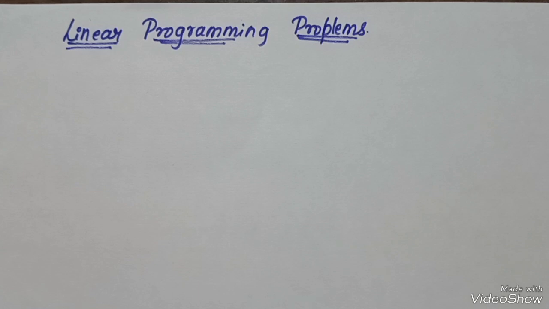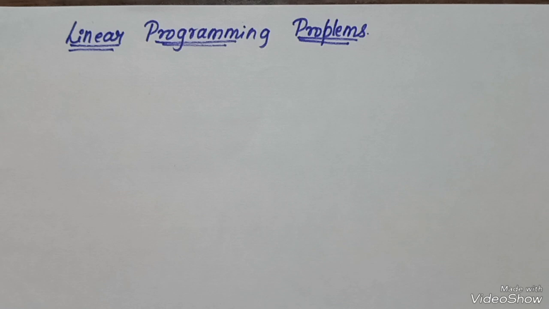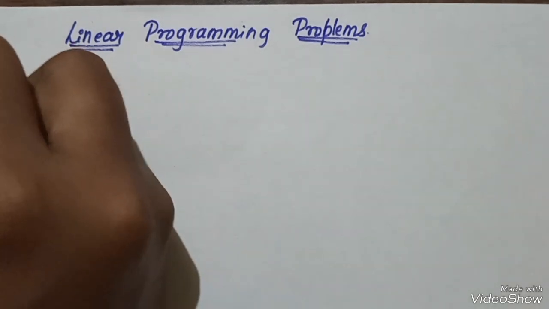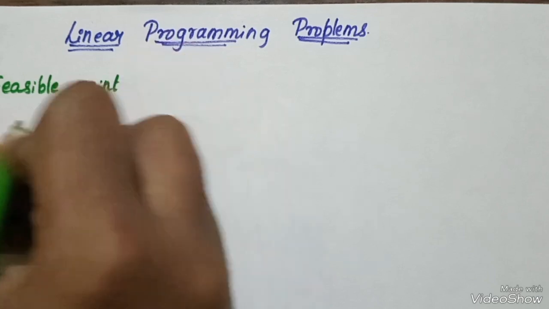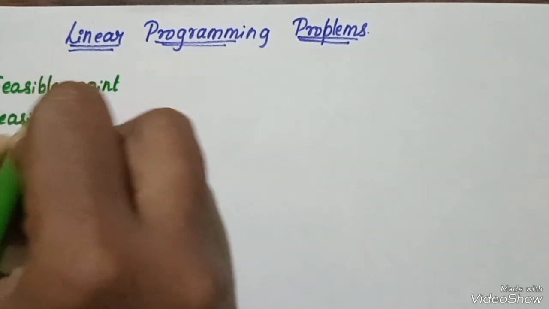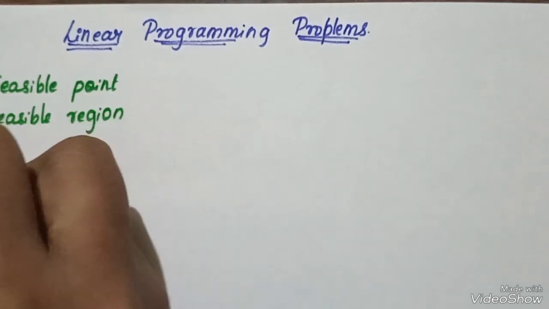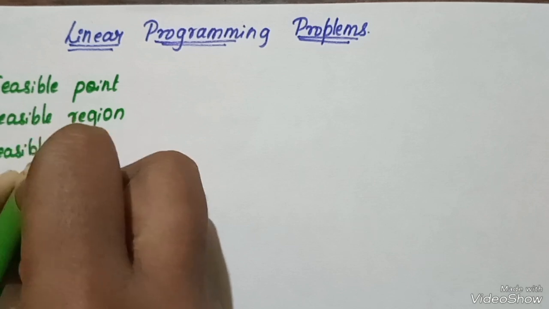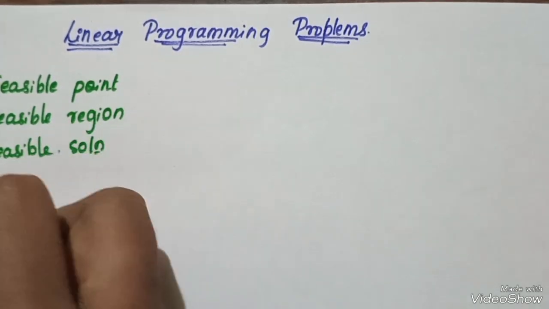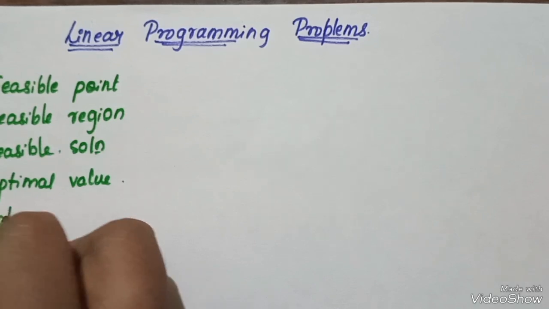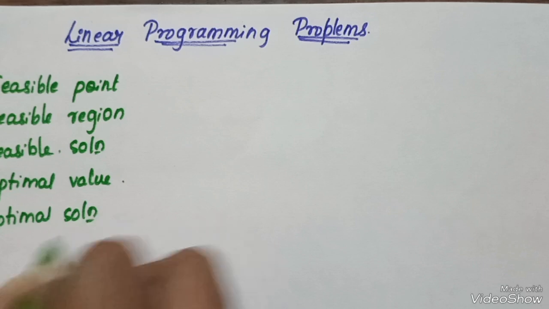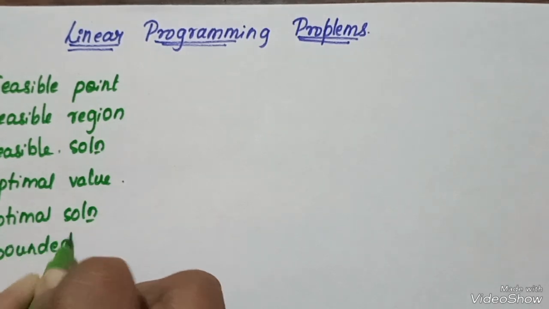Here there are some words we have to use: feasible point, feasible region, feasible solution, optimal value, optimal solutions, bounded, unbounded.